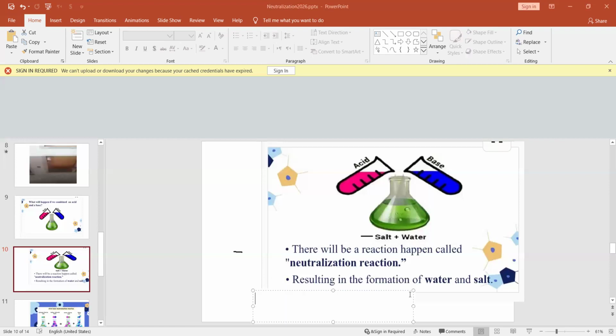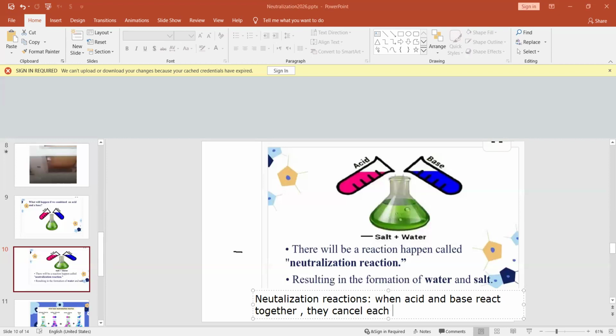Neutralization reaction: when acid and base react together, they cancel each other's properties. This was about neutralization reaction.